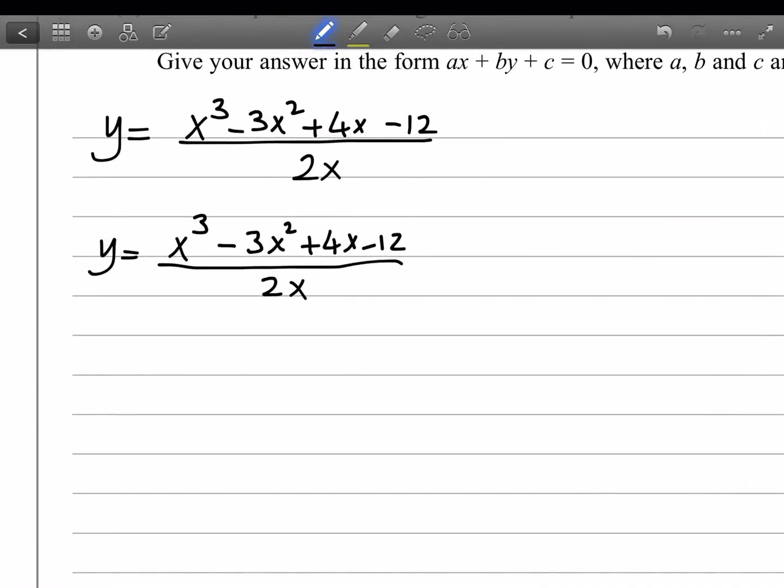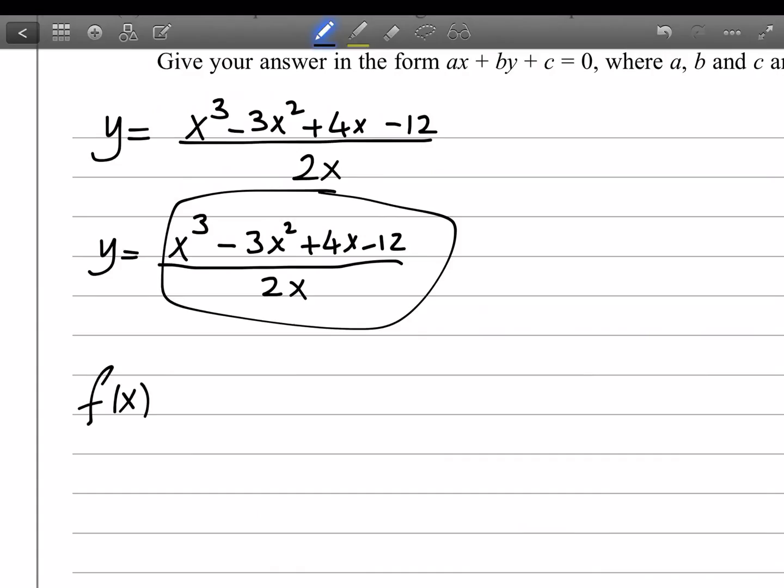If you take the derivative of this rational function, we have the quotient rule.